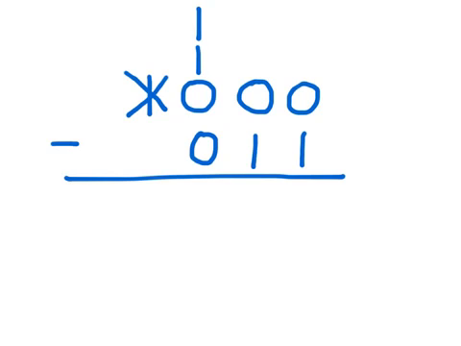So what I basically did is I said that the 8 has now become 2 4s. That's how you borrow in binary. So now we're going to take one of those 4s and we're going to say that it becomes 2 2s.